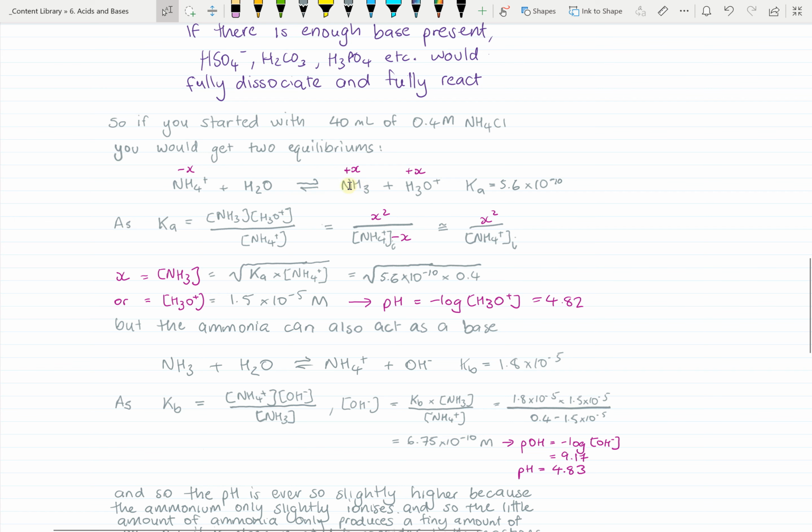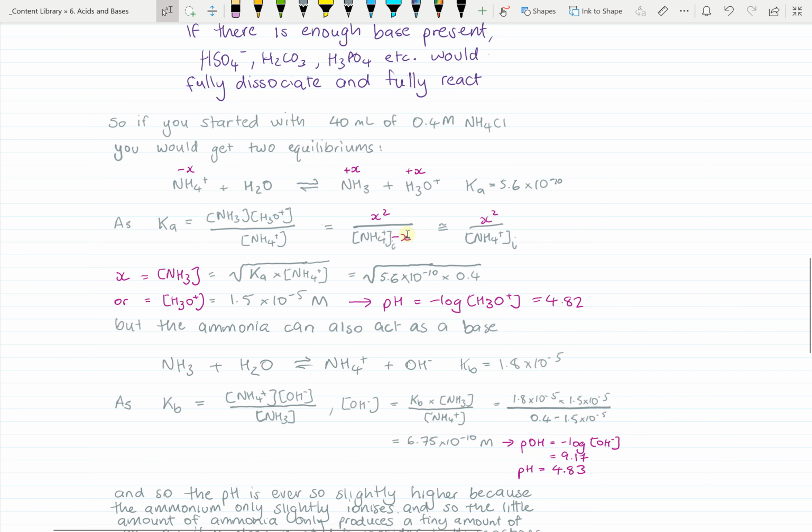Ammonium will split apart a little bit and produce a little bit of ammonia. That small amount of ammonia will further react and produce hydroxide and also back the ammonium ion. So it's a bit complicated, and I'm definitely not solving it right. I'm just trying to get you to appreciate two simultaneous equilibriums.